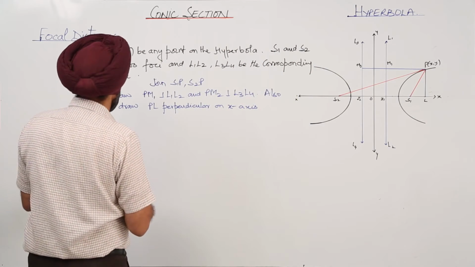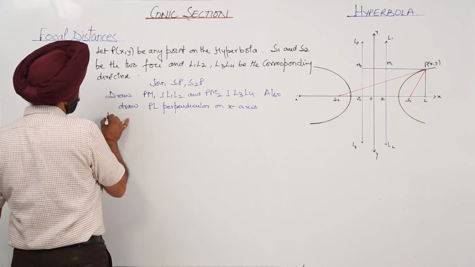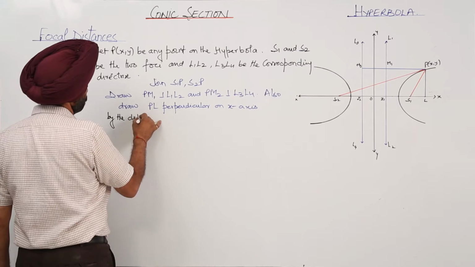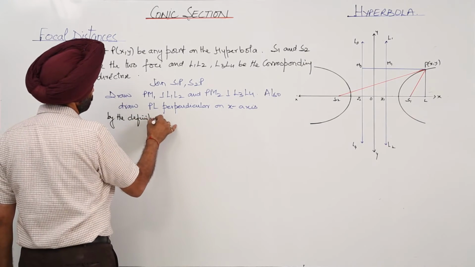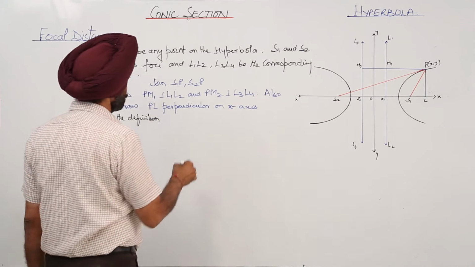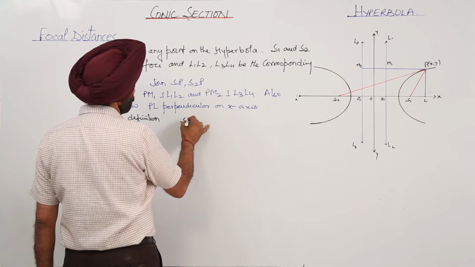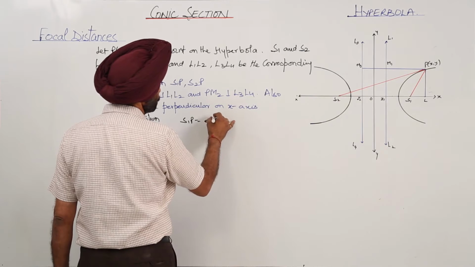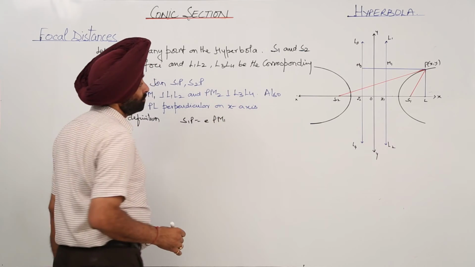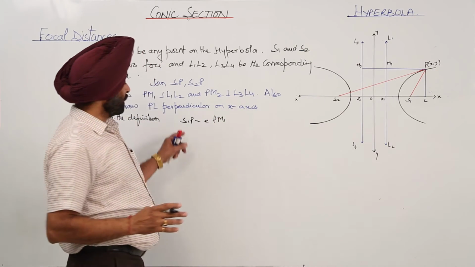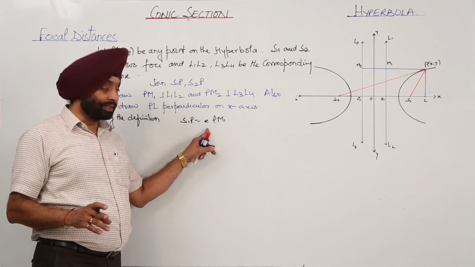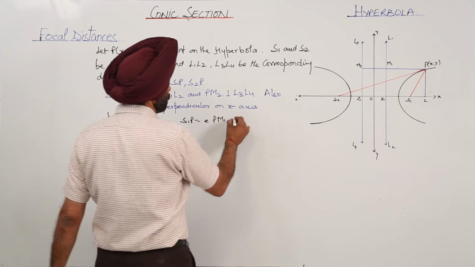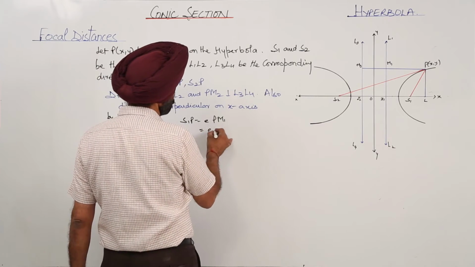Now, by the definition, S1P is equal to e, the eccentricity, times PM1. The first part: S1P is equal to e, that is eccentricity greater than 1, times PM1.